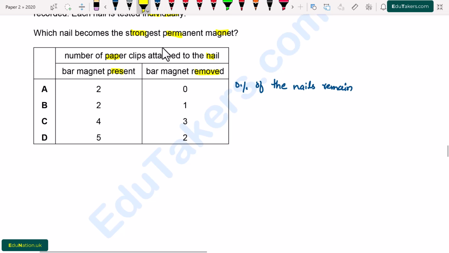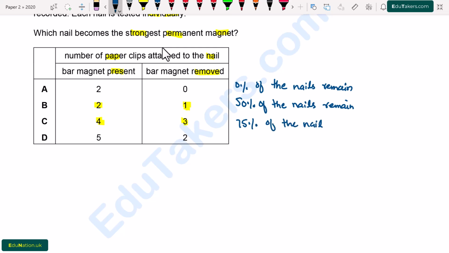In option B, when the bar magnet is present, there are two paper clips, but when the bar magnet is removed, there is one paper clip, which means that 50% remains. Option C, 4 and 3. It is almost 75%. Option D, 5 and 2.